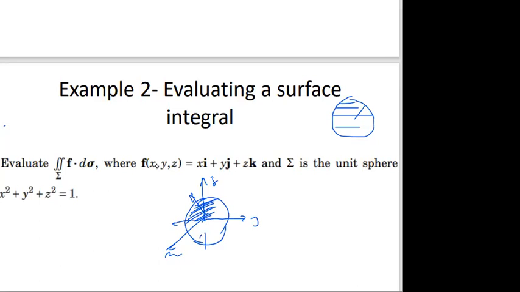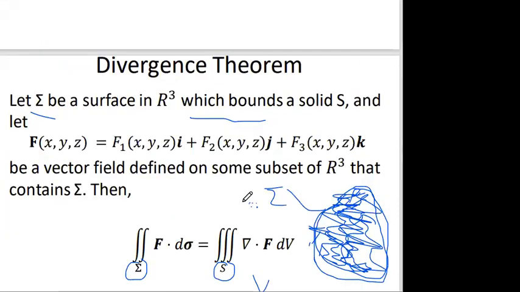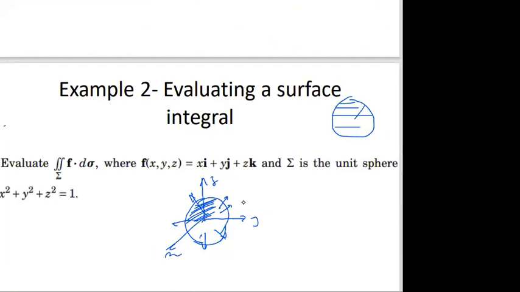I want to compute how much of my electric field goes across this boundary sigma. So let's compute. To evaluate this one, I will use the divergence theorem. This is the same as a triple integral over this solid.